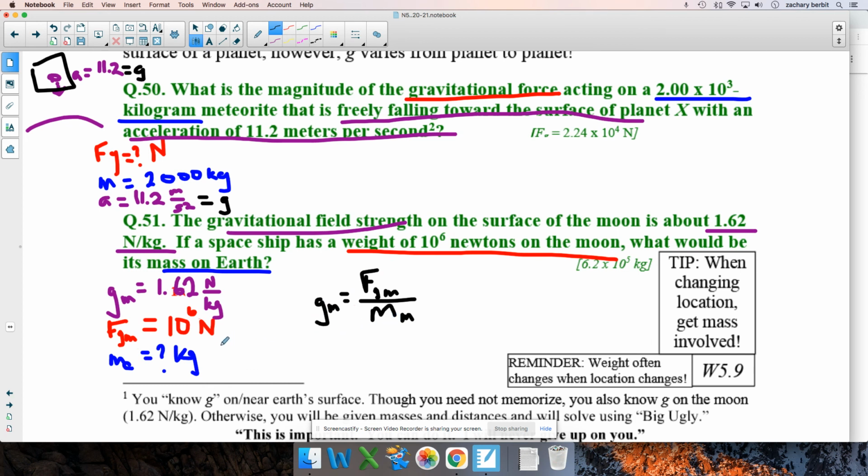Now, how does that connect with mass on Earth? We take advantage of this connection, this fundamentality of it, if you will. Mass, of course, stays the same. So mass on the moon and mass on the Earth are the same thing. So your equation will solve for mass on the moon, but mass on the moon is mass on the Earth. And so you will get 6.2 times 10 to the 5th, 620,000 kilograms. And that's that.